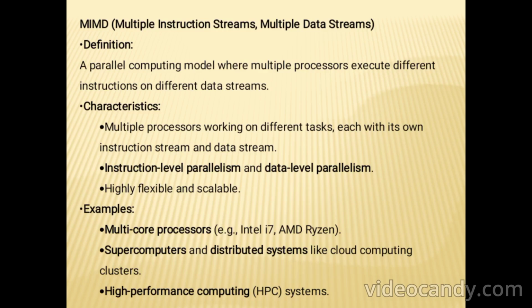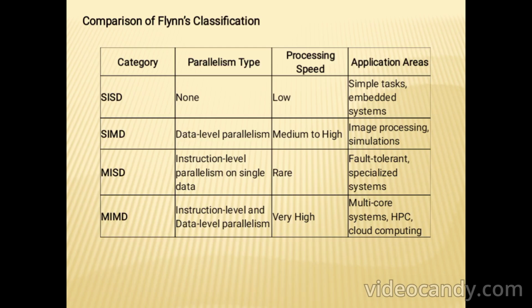This is an important point of MIMD. Here we have some examples: multi-core processors like Intel i7 and AMD Ryzen, supercomputers and distributed systems like cloud computing clusters. It is used in high performance computing systems.